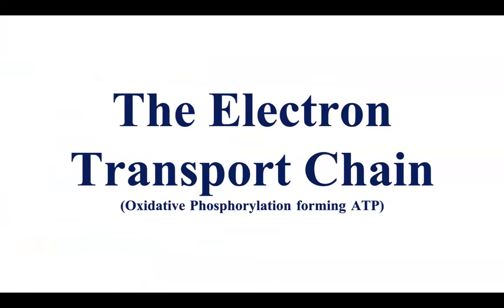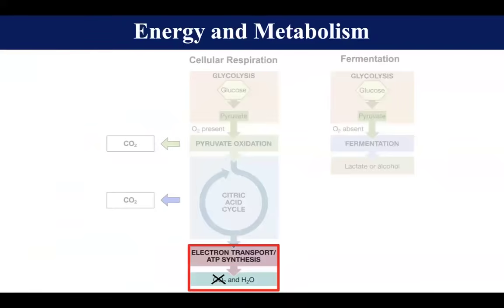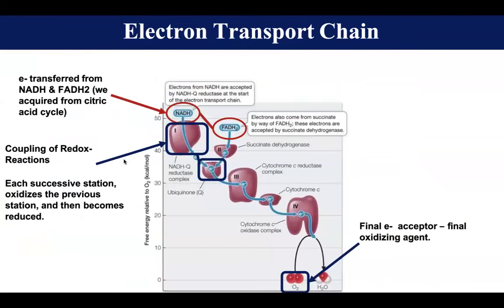So this last portion is your electron transport chain, or oxidative phosphorylation, which helps form ATP. NADH and FADH2, which you acquired from the citric acid cycle, are now electron carriers. So they carry electrons, and then you have something known as NADH-Q reductase complex, which is your initial electron acceptor.